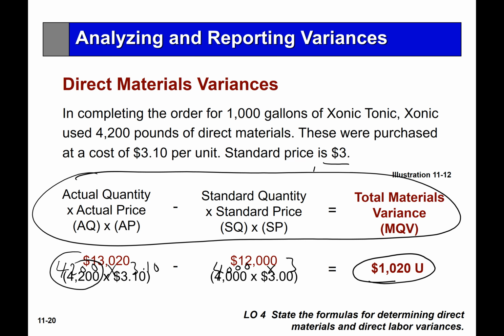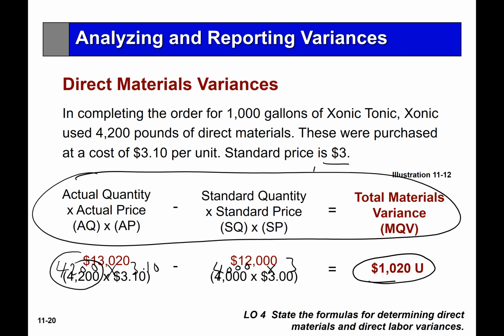Now we can dig in further and find out: is it because the price for the material was higher in the actual, or is it because we had a lot of wastage and our employees were inefficient in using those materials?